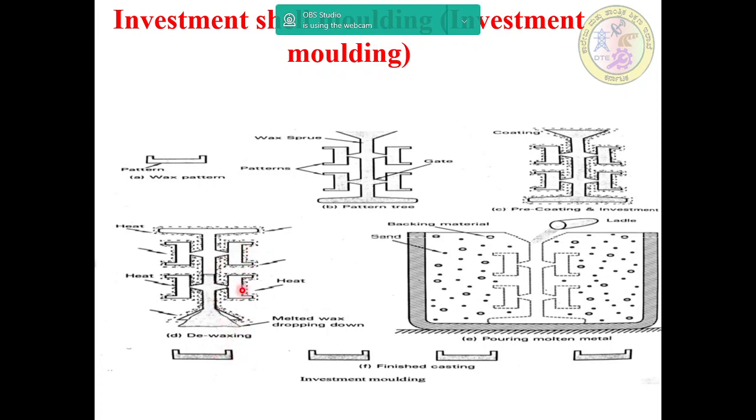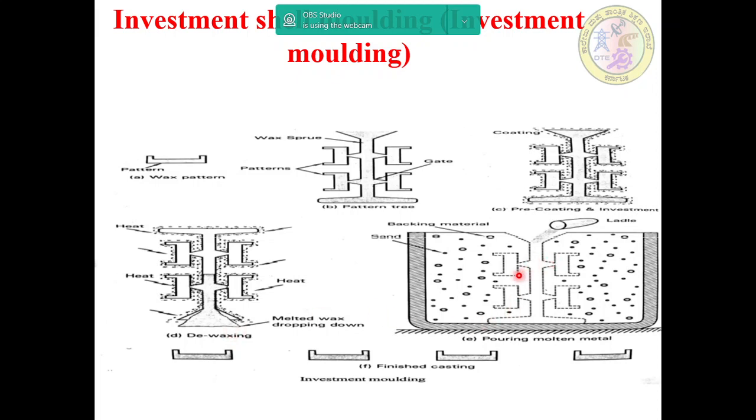Now the shell is heated suddenly to 1100 to 1200 degrees centigrade to remove wax as well as to sinter the shell and harden it. The sintered shell with cavity is ready to receive the molten metal.